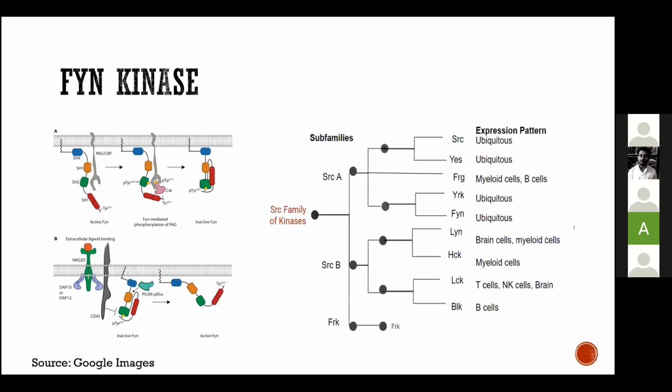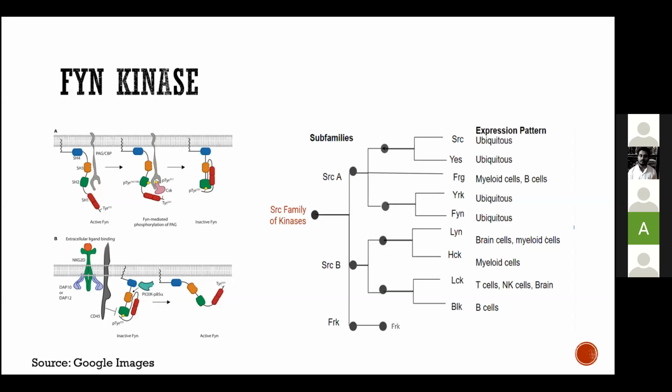They all have SH1, SH2, SH3, and SH4 components in their kinase structure. In the picture on the right-hand side of the screen, there is this expression pattern of SRC, YES, FGR, ERK, Fyn, LYN, HCK, LCK, BLK, and FRK. All of these kinases are SRC family kinases.